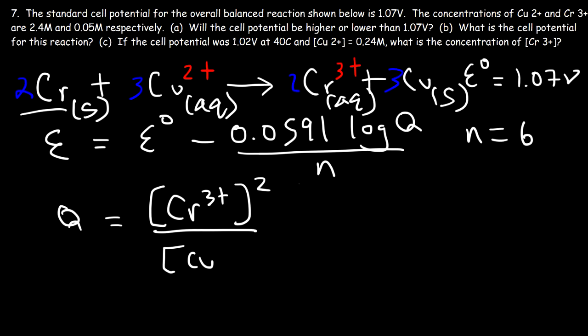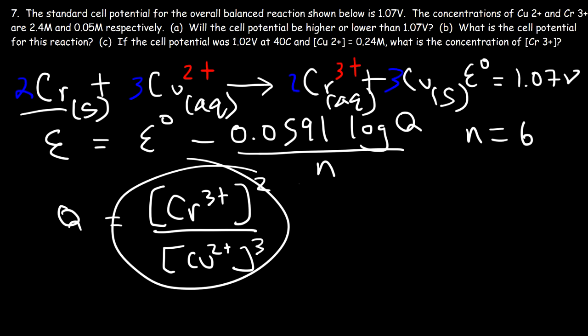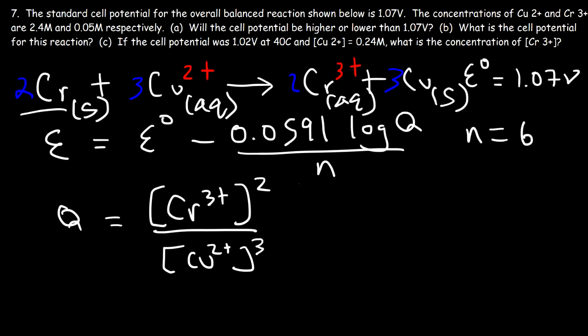Copper 2 plus is also in the aqueous state, but the coefficient is 3. So K and Q would both be equal to this. The only difference is that for K you're using equilibrium concentration values, and for Q you're using initial concentration values.